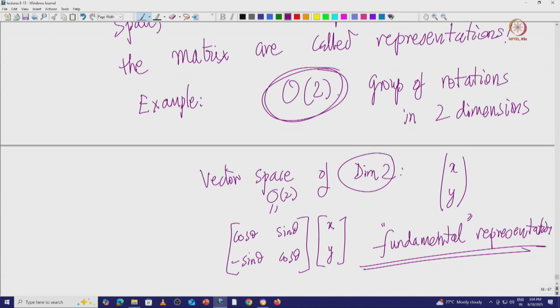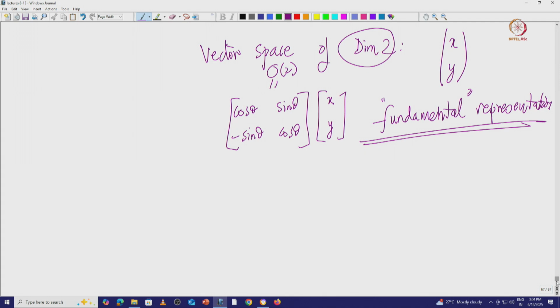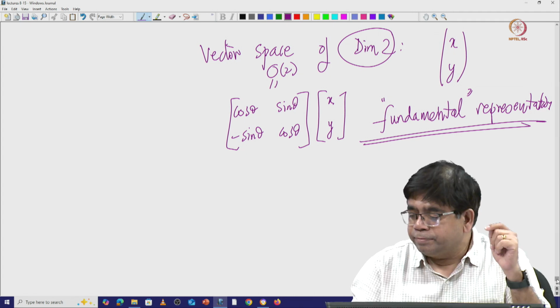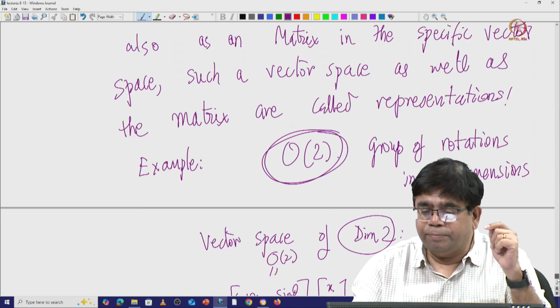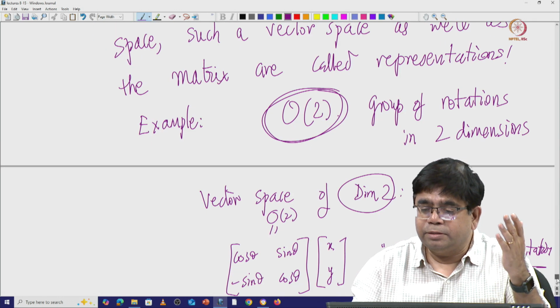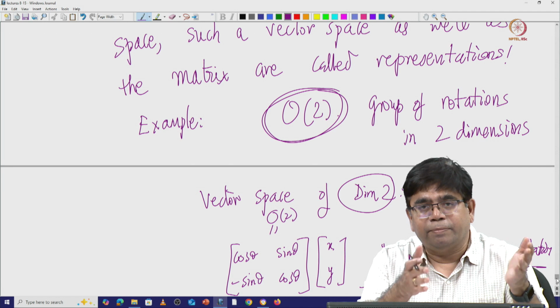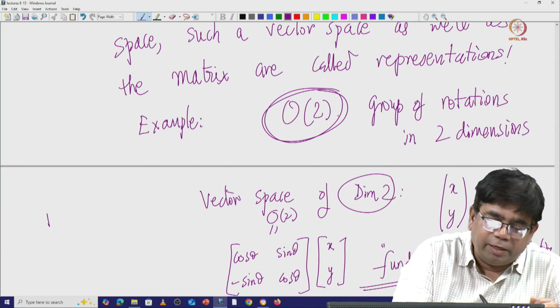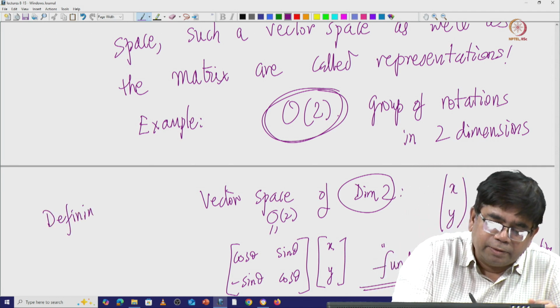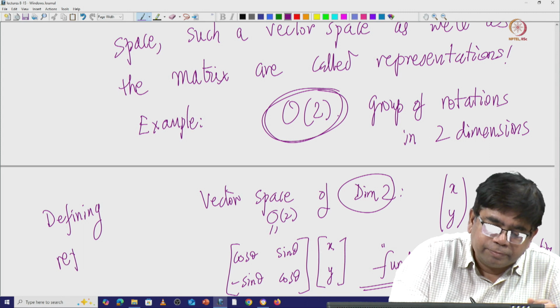Now you can ask what is so great about the fundamental representation. In the case of O2, it's also the defining representation, because you define the O2 group in terms of being a group of rotations in 2 dimensions. You are defining the group in terms of a representation.